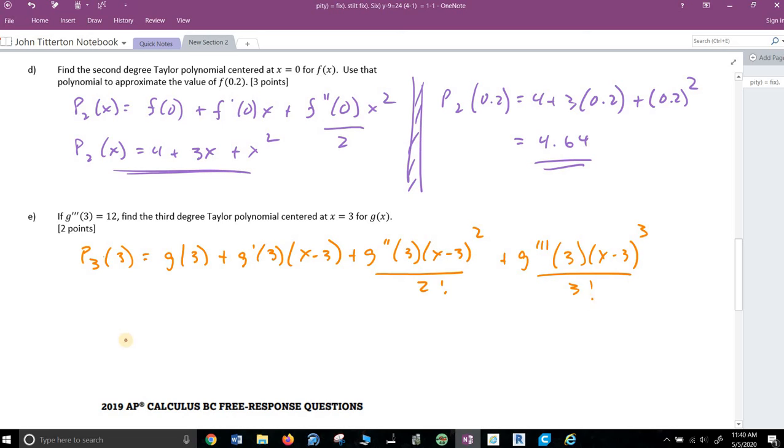Blast that out and do some canceling. You should get 5 plus 7 times x minus 3 plus x minus 3 squared over nothing.